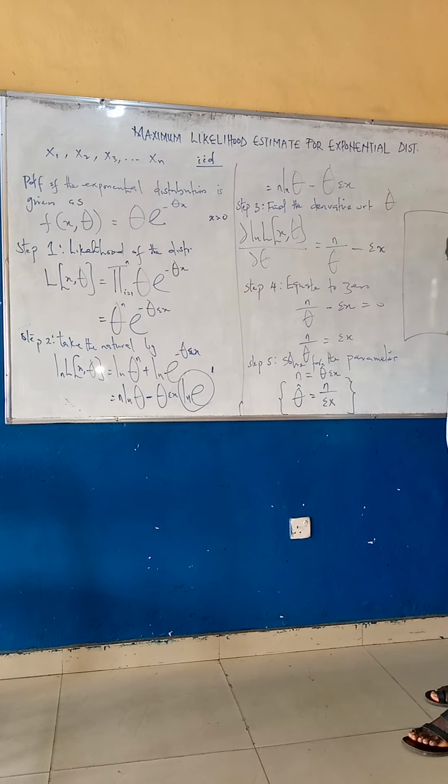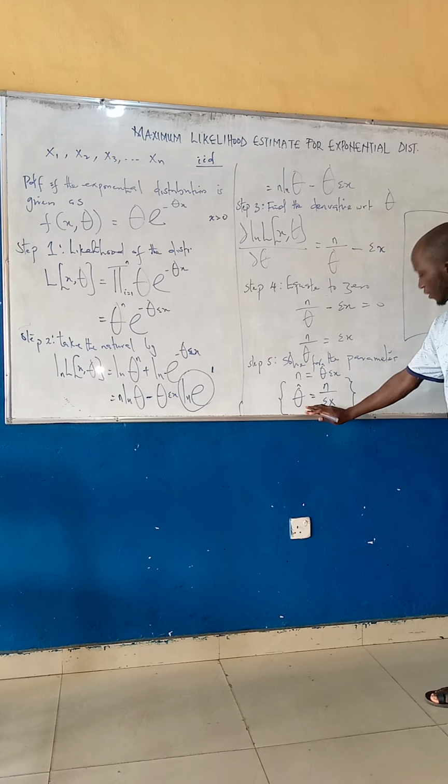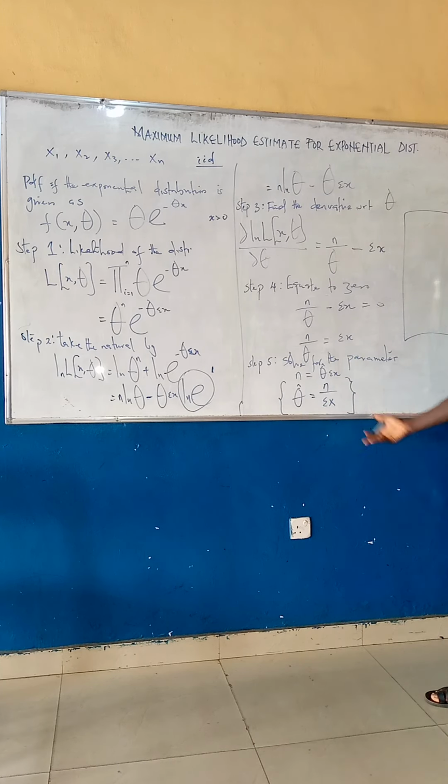We can also write it in another form, having θ cap equals 1 over x bar, or we can also write it in this format, θ cap inverse equals x bar. All these are just twists of the maximum likelihood estimate of an exponential distribution.